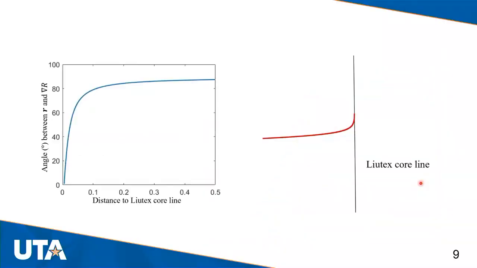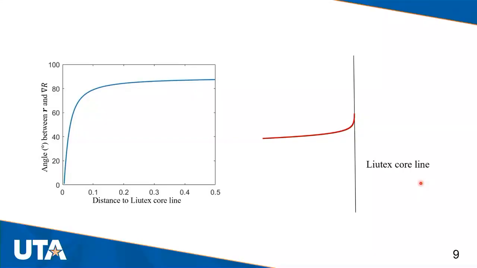And this is the figure of the relation between the distance to the vortex core and the angle between the vortex direction and the vortex gradient. Of course, at the vortex core we want the angle to be zero, right? Yes, the angle is zero, that's parallel.